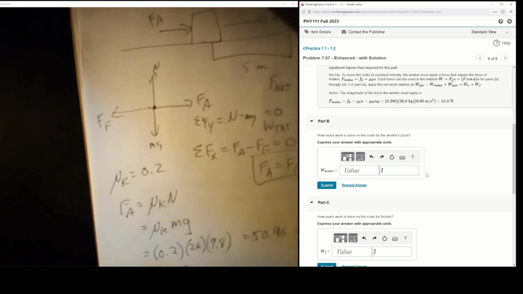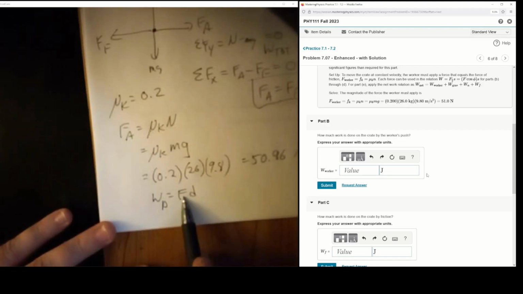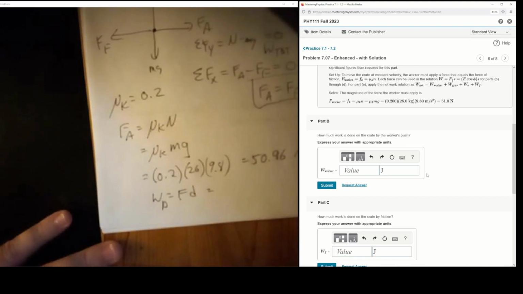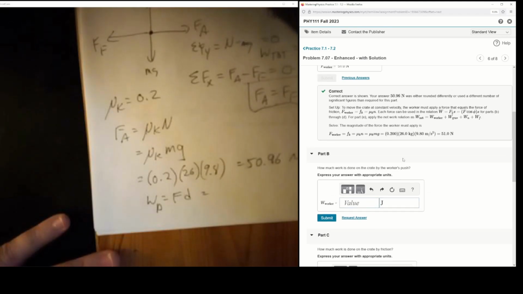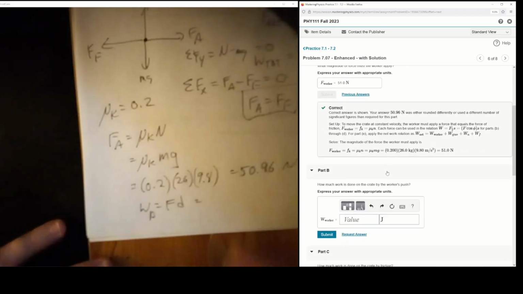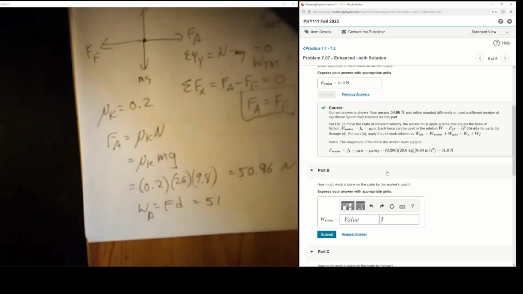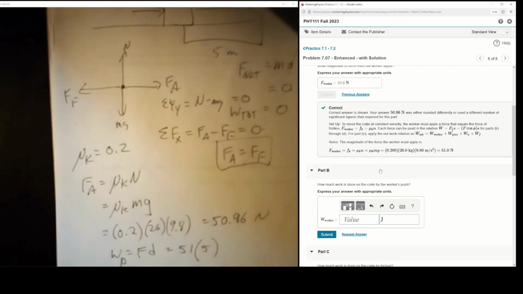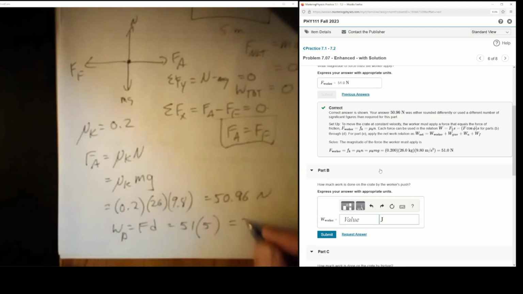So the work done by the person is just going to be the force applied times the distance traveled. And we just figured out what the worker's force is from the previous problem. We'll use their number of 51 there because that's the rounded number. And then the distance traveled is 5. And so we'll get 255 joules.